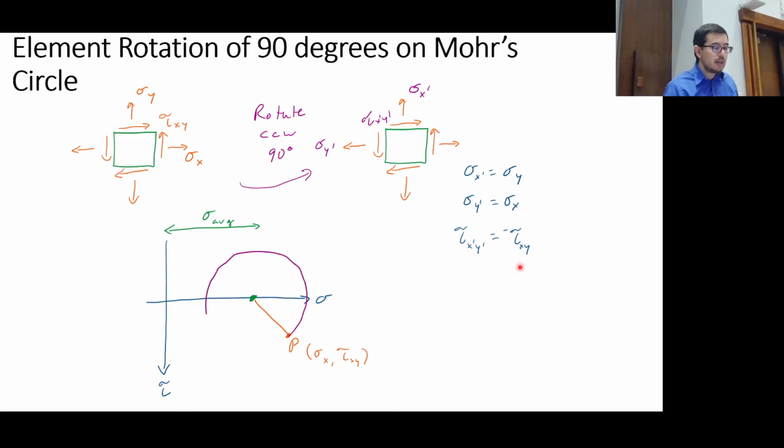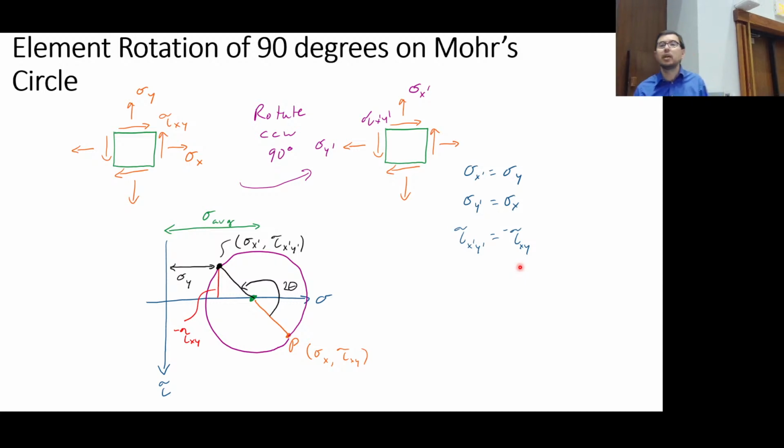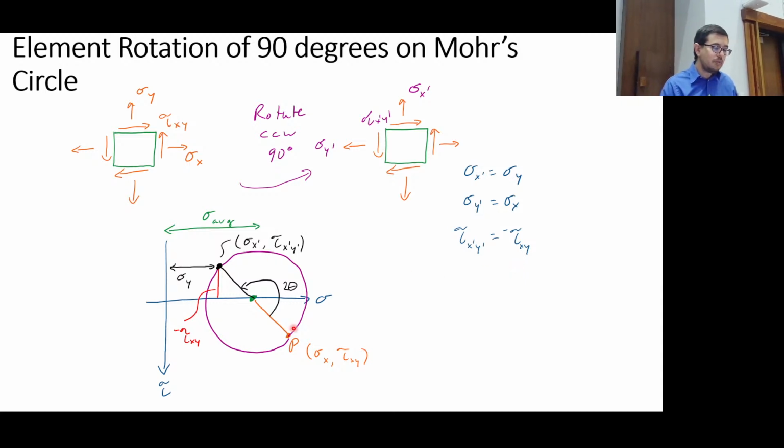Okay, but then if I go 180 degrees on Mohr's circle, I'm up here when I have a minus tau xy, and I have sigma x prime, tau x prime y prime, like that. Okay, and that would have been what sigma y was.